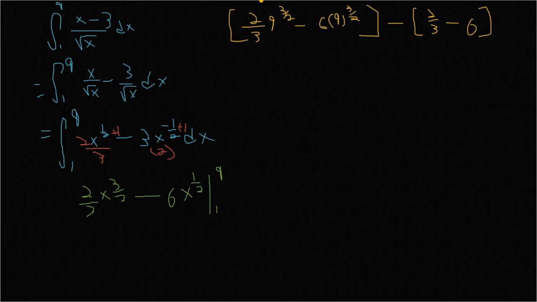Oh, this isn't to the 3/2, this is to the 1/2. 9 to the 1/2, square root of 9 is 3. 3 times 6 is 18. So that's going to be 0 plus 2/3 minus 6. That should be 16 over 3. And that is it.